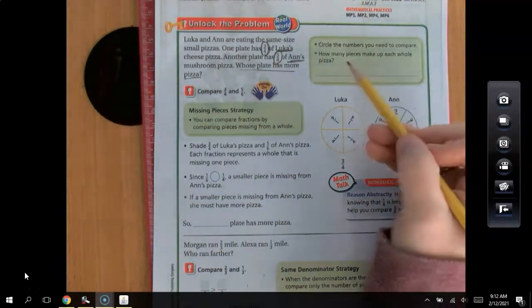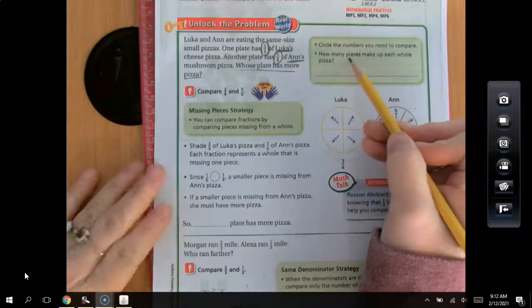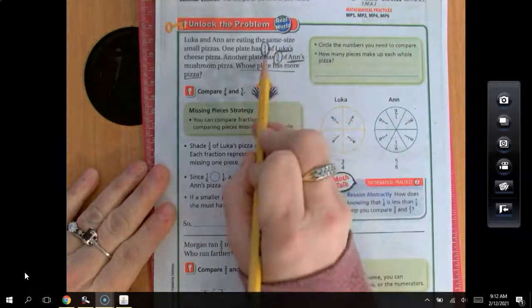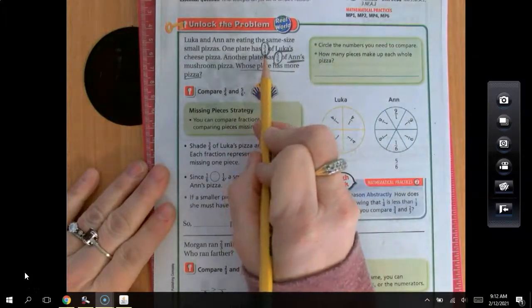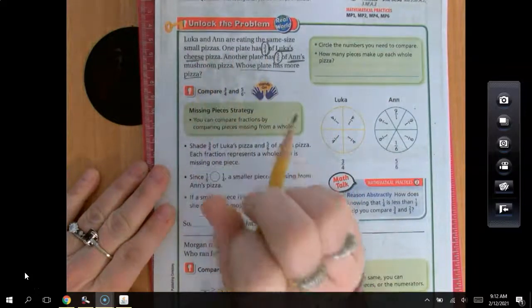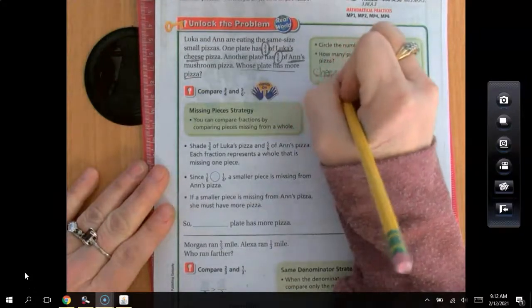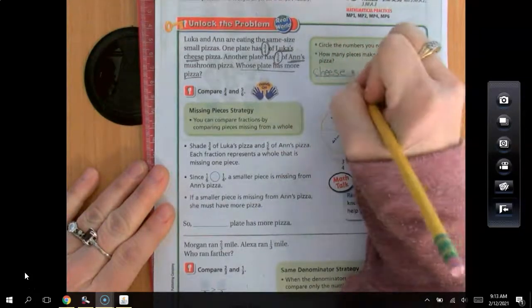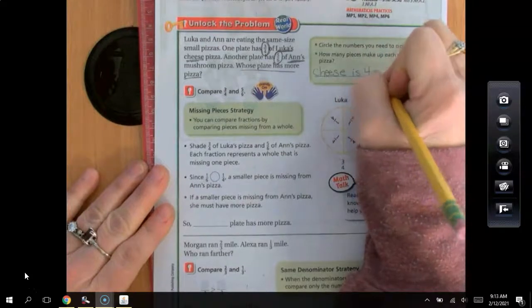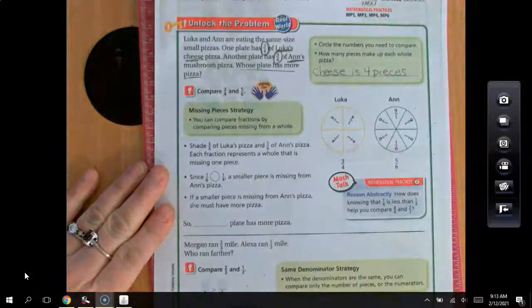The question over here says, how many pieces make up each whole pizza? Well, I know that Luca's pizza is cheese, and that makes up 4 pieces. So I can write cheese is 4 pieces. Now, I'm not finished because I have to have Anne's pieces yet.